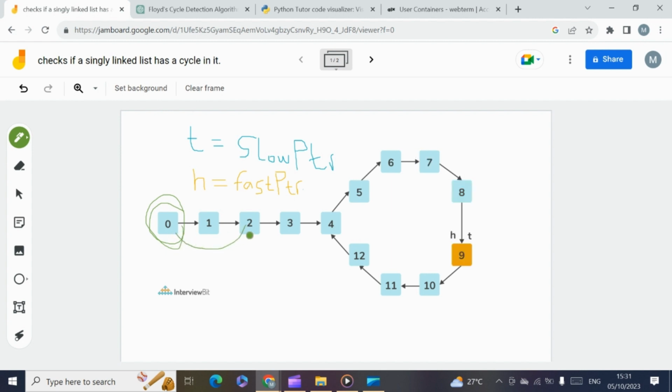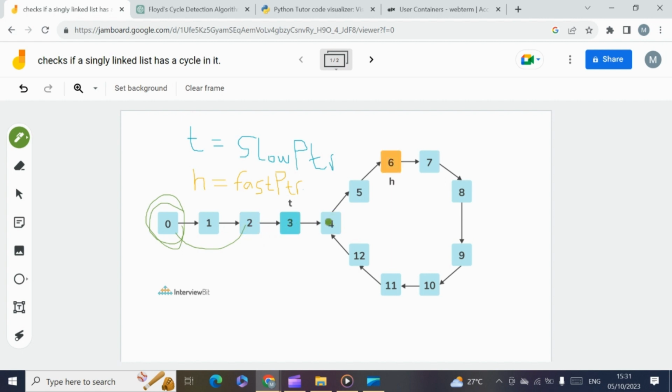So H moves faster, in multiples of two in this case, right? So 2, 4, 6, 8, 10, 12, and so on, whilst the T moves a node at a time.